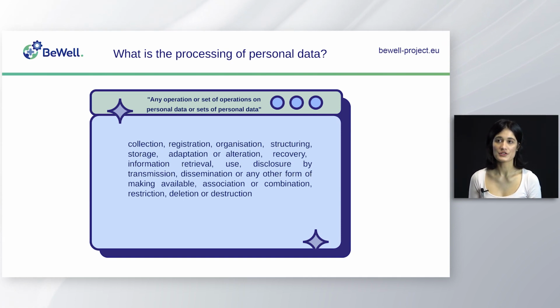Personal and sensitive personal data as well as their management, collection, registration, organization, structuring, storage, adaptation or alteration, recovery, information retrieval, use, disclosure by transmission, dissemination, or any other form of making available, association or combination, restriction, deletion, or destruction are especially critical issues related to health in many dimensions and at multiple levels.